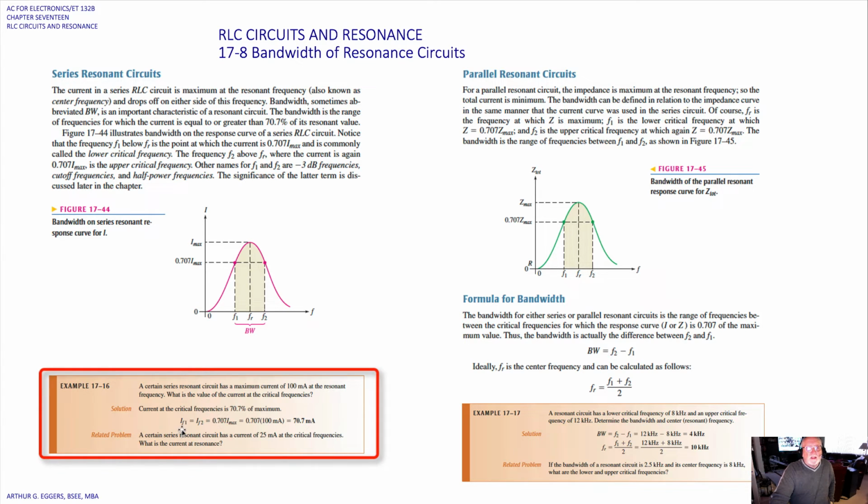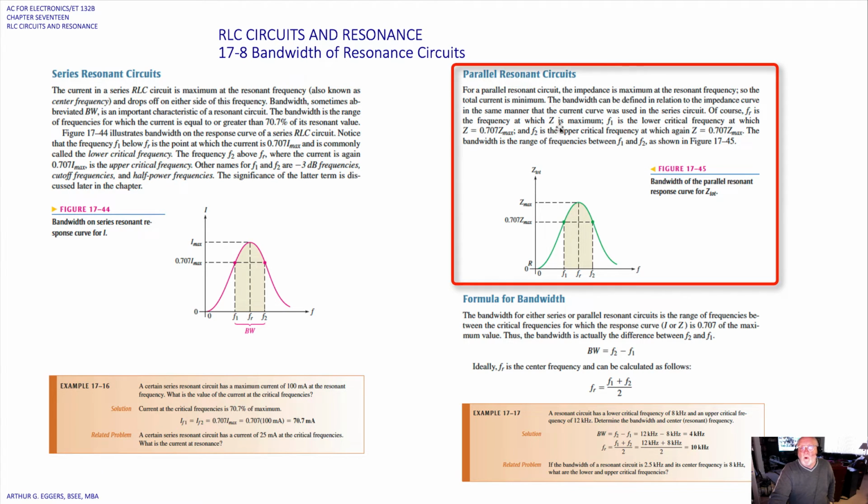So I sub F1 on the low end is equal to I sub F2 on the high end, or 70.7 milliamps in this case. For a parallel resonant circuit, it looks similar. We've got the same type of representation, F1 and F2 above and below, and again it gives us 70.7%.